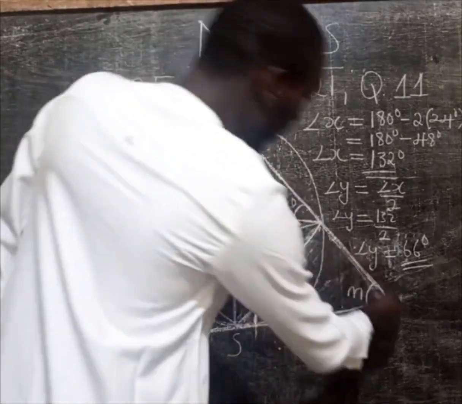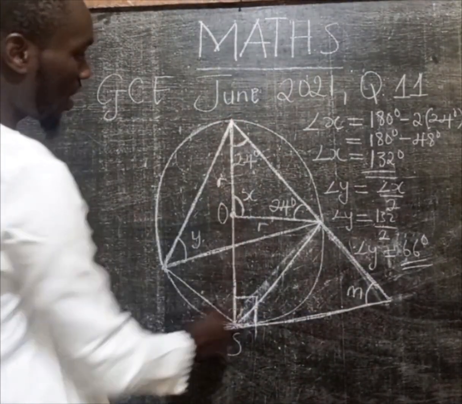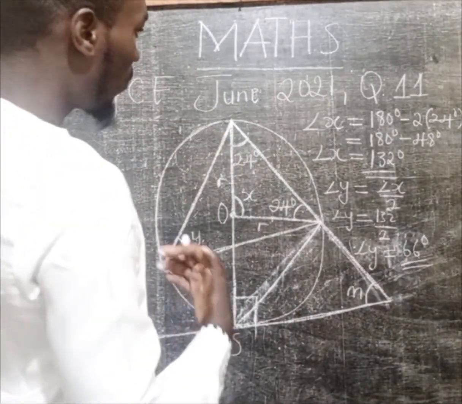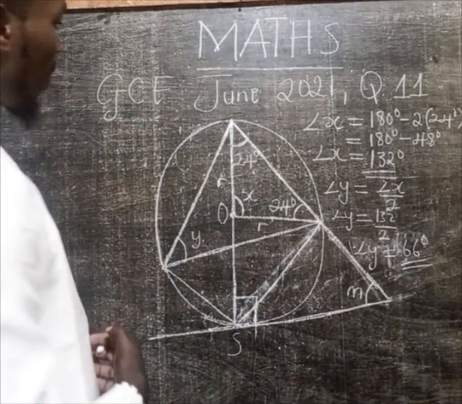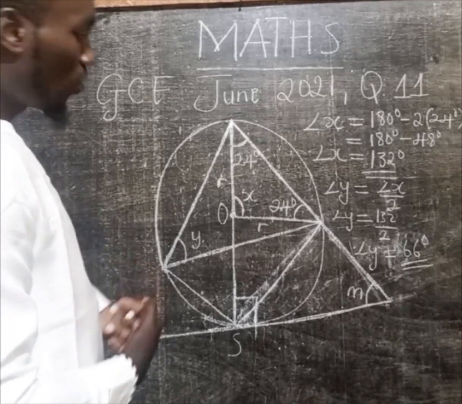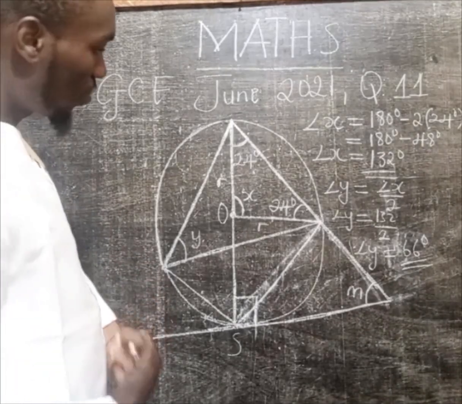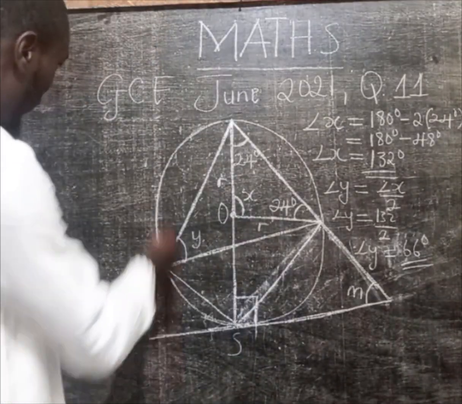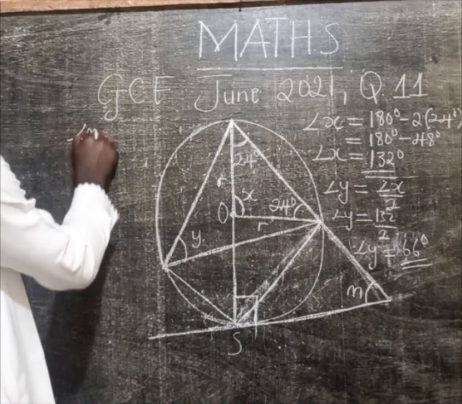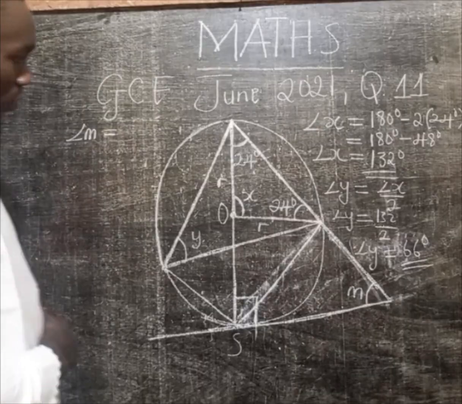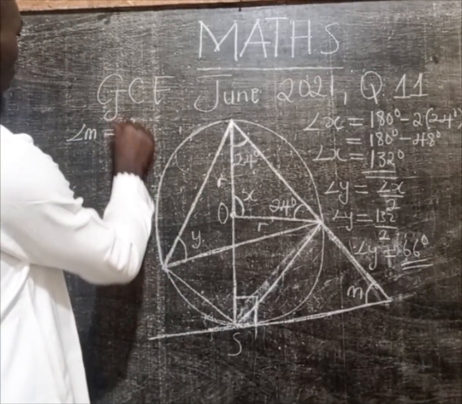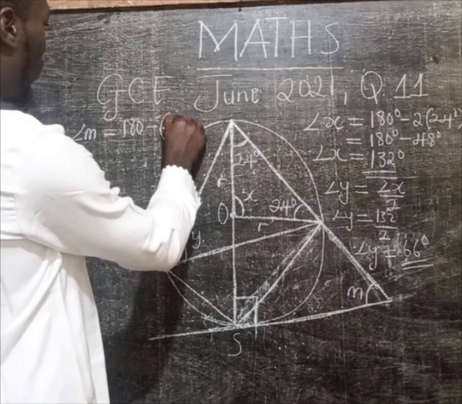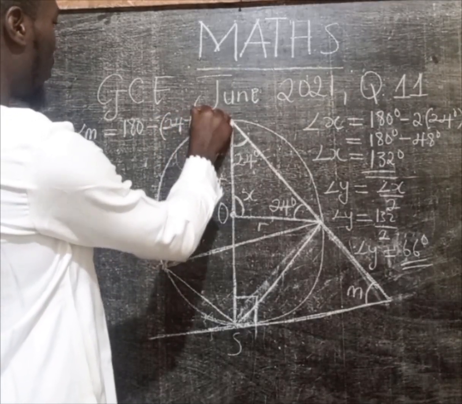Now looking at this shape, this complete part is also a triangle. Using the same notion that we saw above, the sum of the interior angles of any triangle must be equal to 180 degrees. So angle m should be equal to 180 degrees minus, in bracket, 24 plus 90.